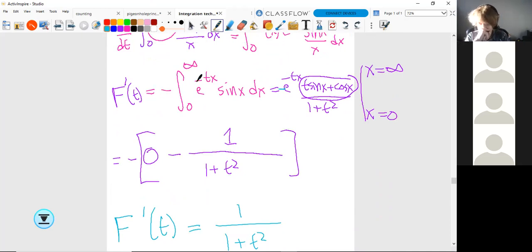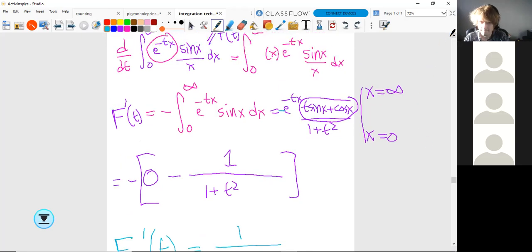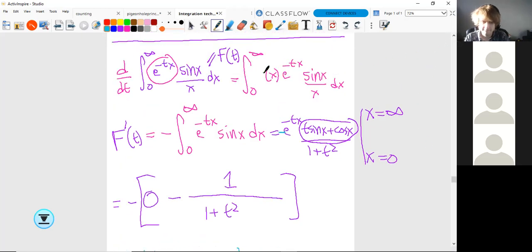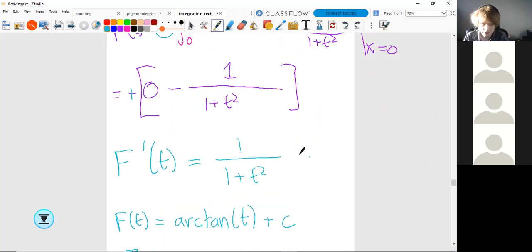Is it right here? Yeah, I canceled out the minus sign with the sign from this and the sign from this. So there's not a sign here. So we get a minus sign here.